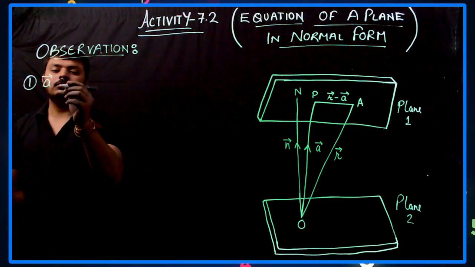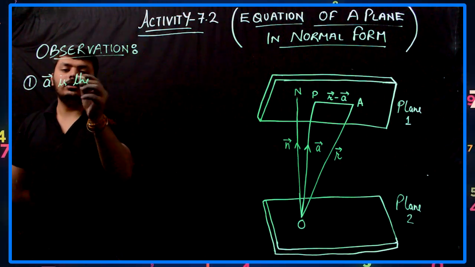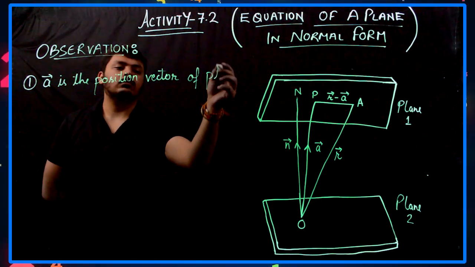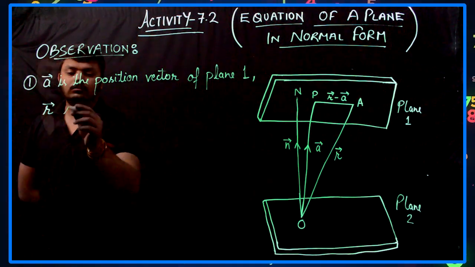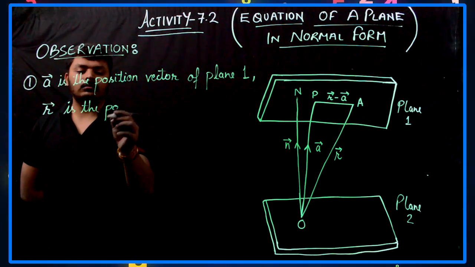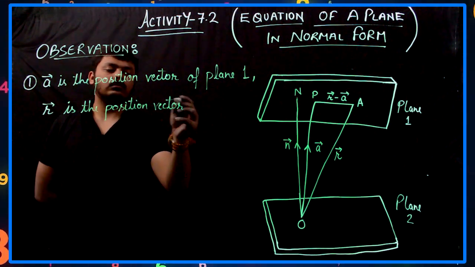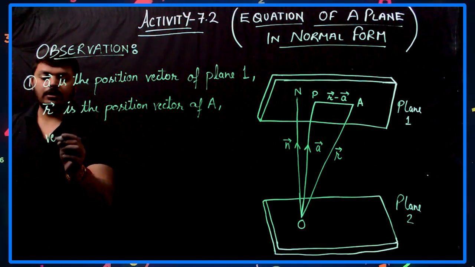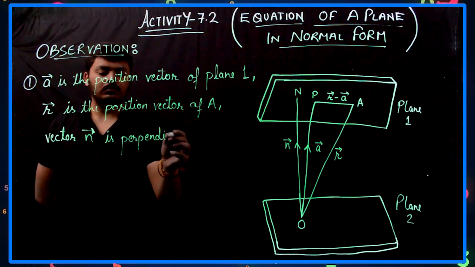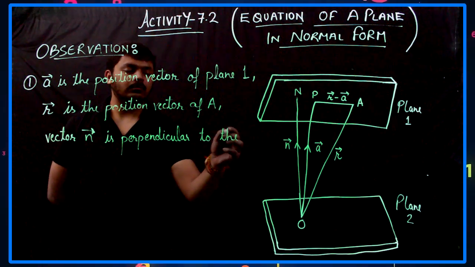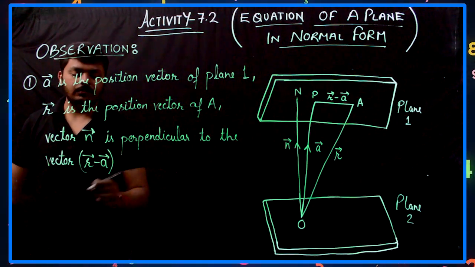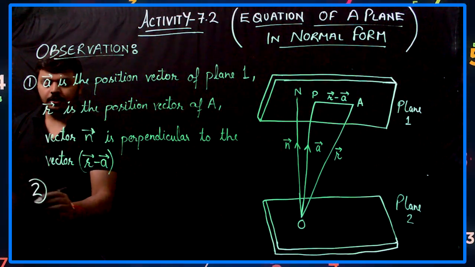Vector A is the position vector of plane 1. Vector R is the position vector of A, and vector n is perpendicular to the vector R minus vector A. That is our first observation.